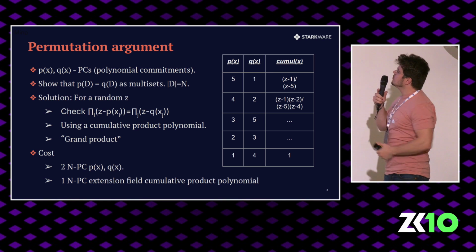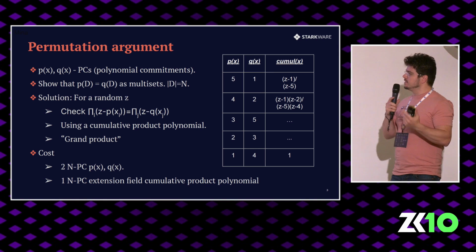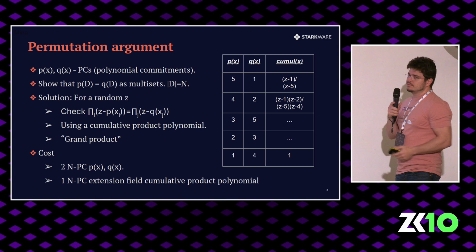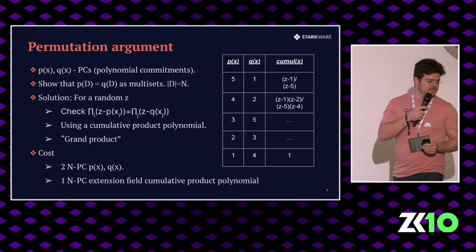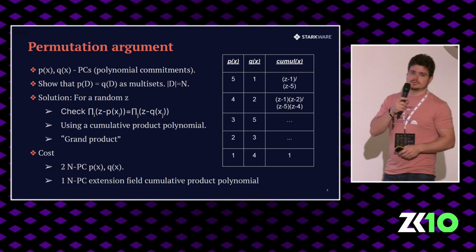So this column on the right might be a big field column, an extension field column. So this might be kind of expensive, and we would very much like to avoid it if possible. But this is the regular permutation argument.